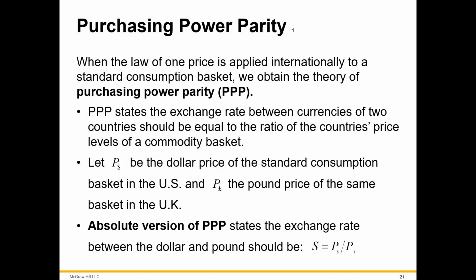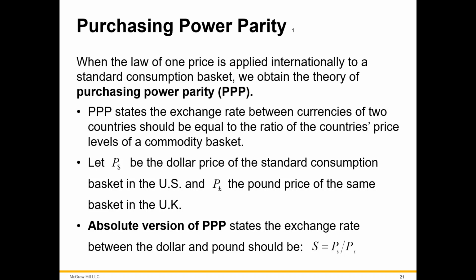And then we did law of one price with expected future spot rates, which is not an arbitrage condition, but it's something that should hold generally. If it doesn't hold in the long term, then you can make money using forwards. If you know that the expected future spot is consistently different than the forward rate, you can just buy whichever one is cheaper and sell whichever one is expensive and make profit over time.